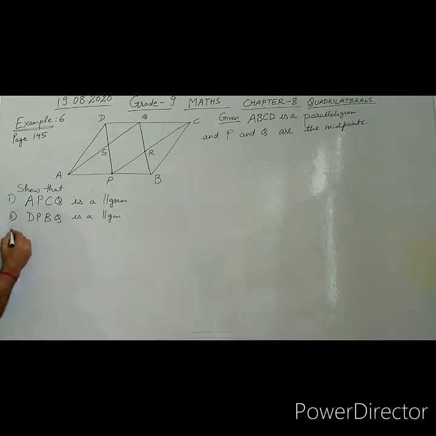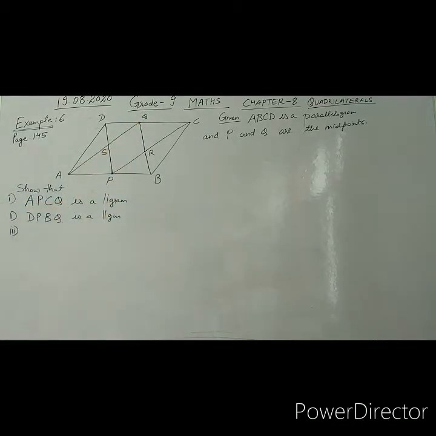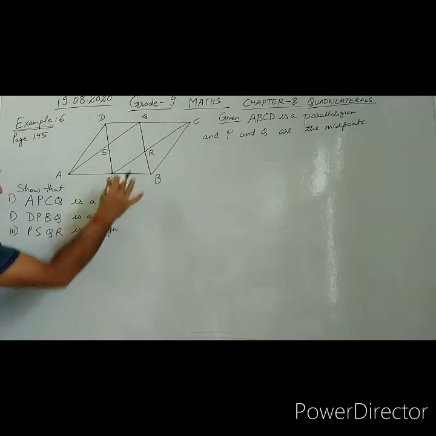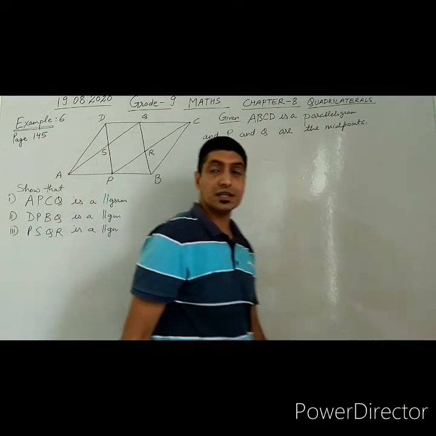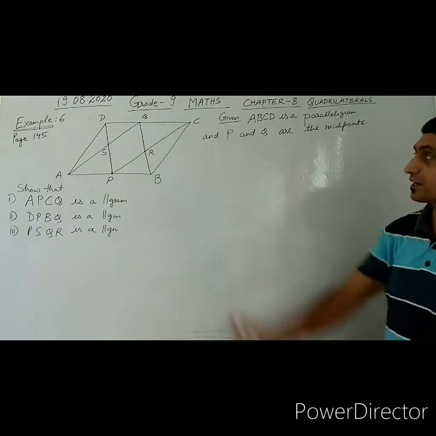And the third part, again we want to prove PSQR is a parallelogram. PSQR is also a parallelogram. So I hope the question is clear to you. The figure is also given in the book.